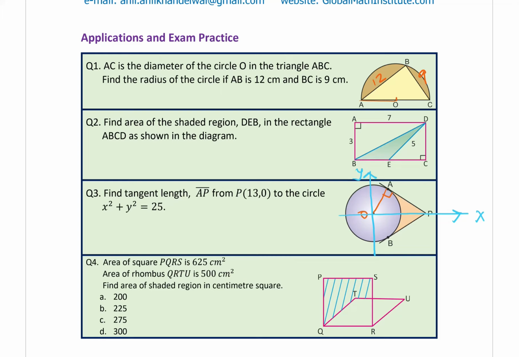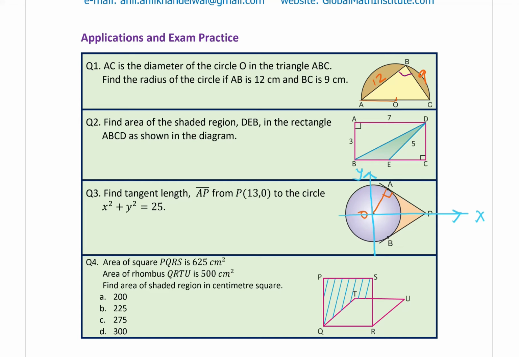The very first question here is, AC is the diameter of the circle O in the triangle ABC. So we have this big triangle here where AC is also the base of the triangle and the diameter of the circle. Find the radius of the circle if AB is 12 centimeters and BC is 9 centimeters. Now the key to this solution is that in a semicircle you always get a right triangle.